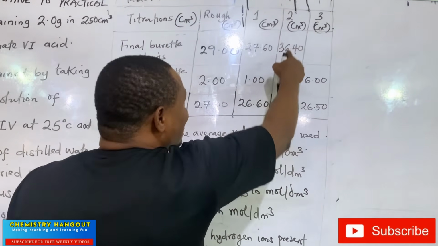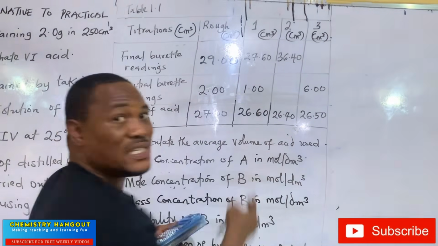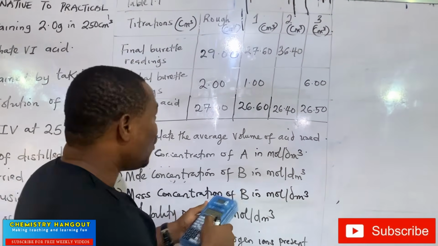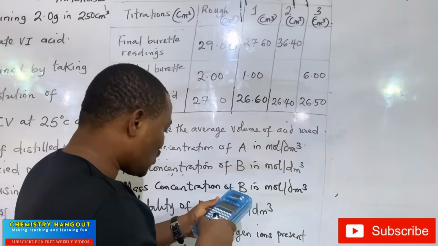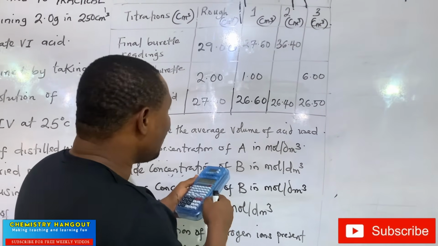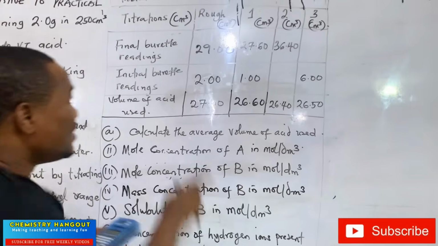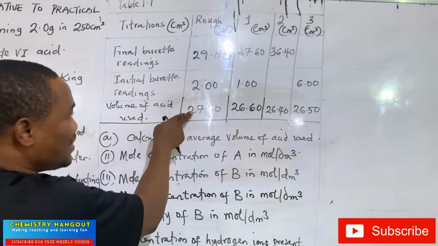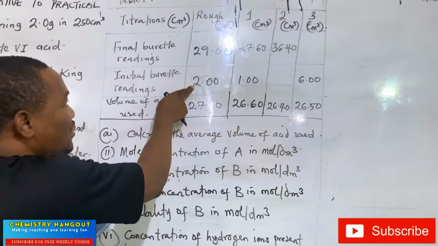Now if I'm looking for this, what do I do? This minus this too will give me this. So 36.40 minus 26.40. I hope you are getting the trend, please. If this minus this gives us this, then this plus this will give us this.